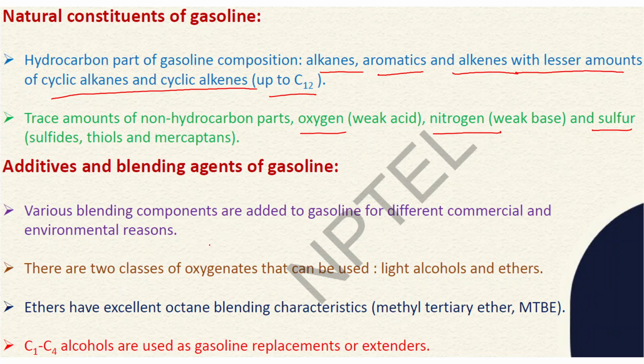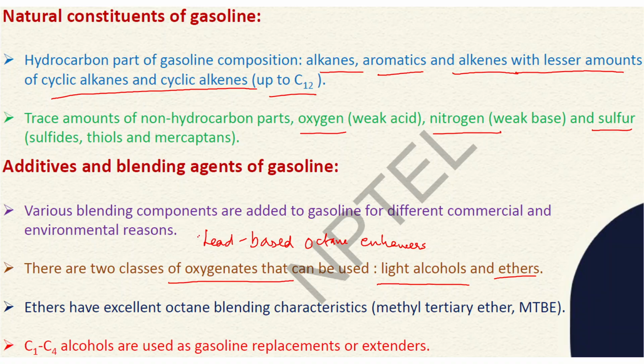Initially, we studied that lead-based octane enhancers were used, but due to their toxicity, these are now replaced with oxygenates, such as some light alcohols and ethers, added in the gasoline to improve its octane number.